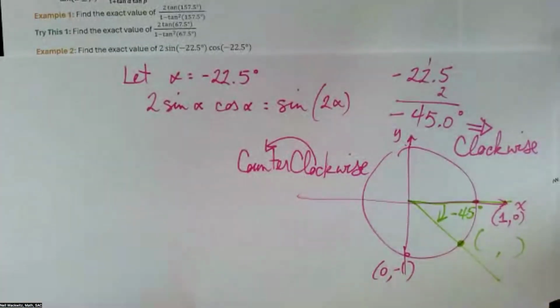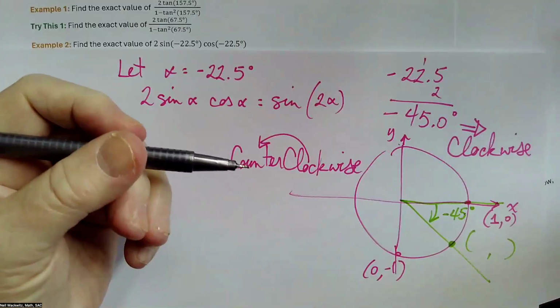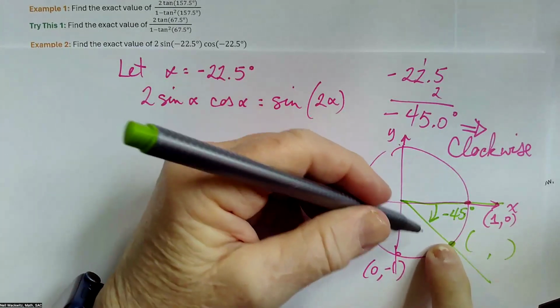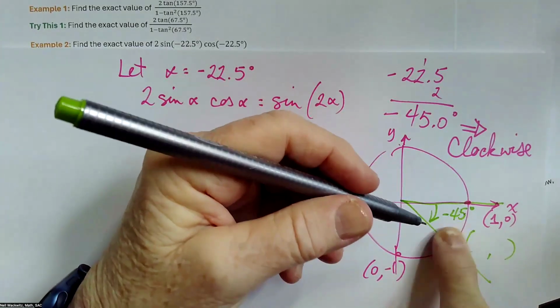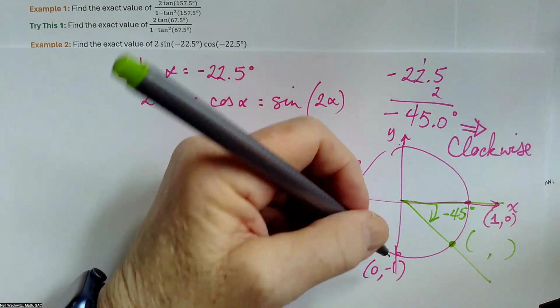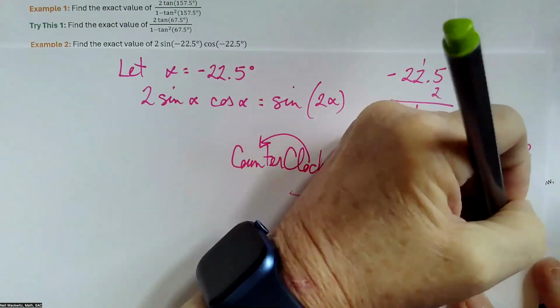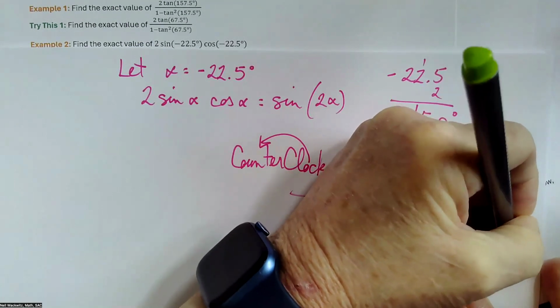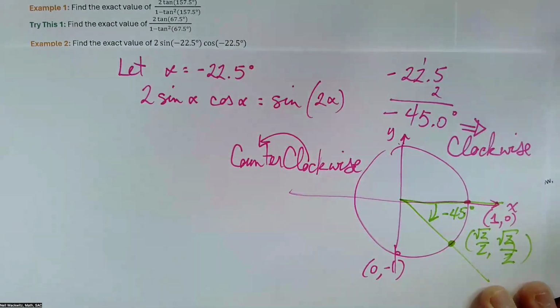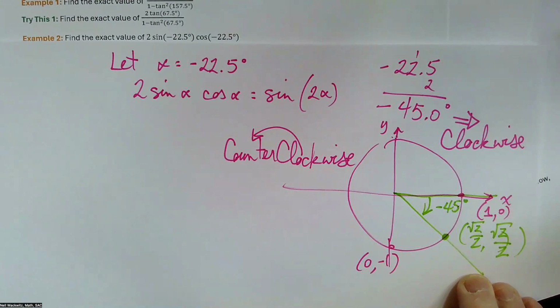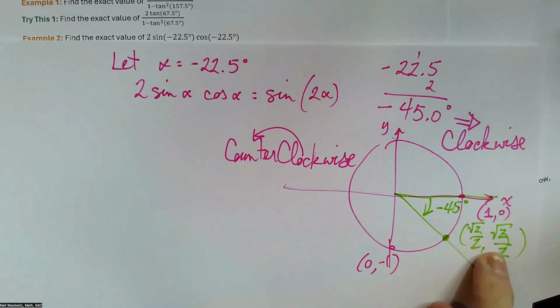All righty. Thank you. So yes, we're in quadrant 4. We're at 45 degrees in quadrant 4. That means that we've got square root of 2 over 2, square root of 2 over 2. And in quadrant 4, x is positive, y is negative.